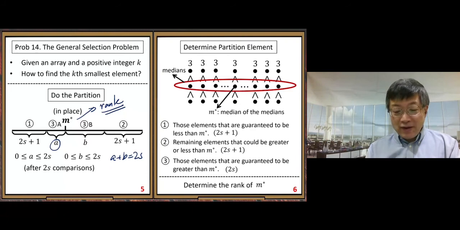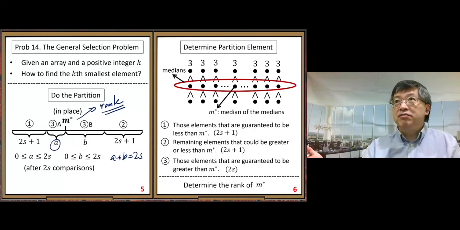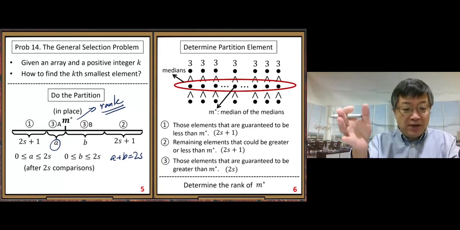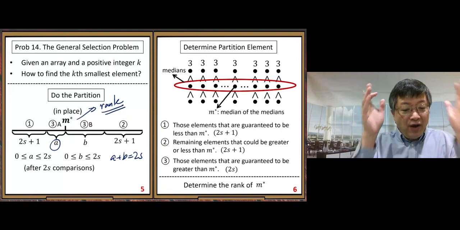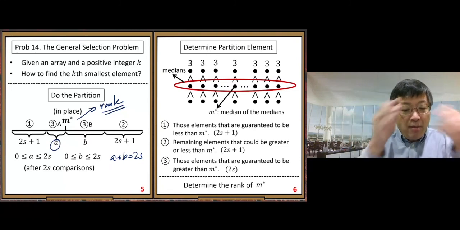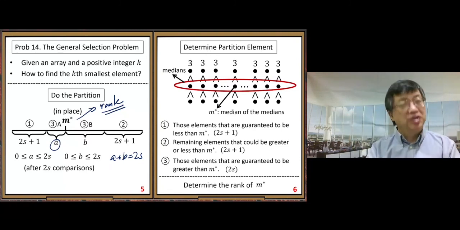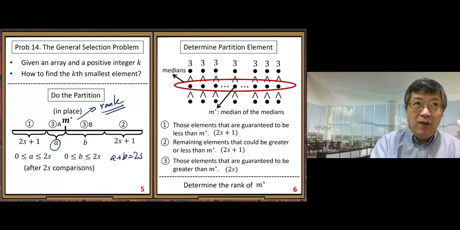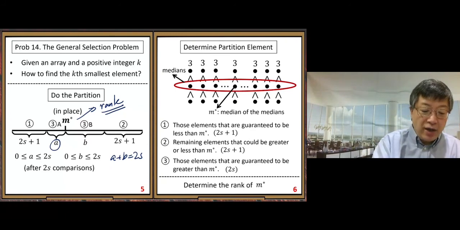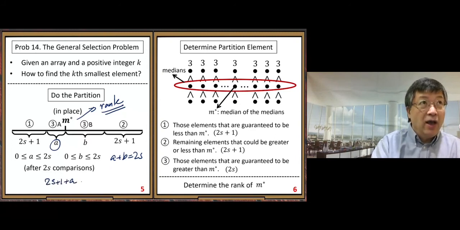So think about after this step, we get a partition. We get M star in place, and we get the rank number of M star. What is the rank number of M star? You can see how many elements are at its left-hand side: 2s plus 1 plus a, and itself has a position, so plus 1.